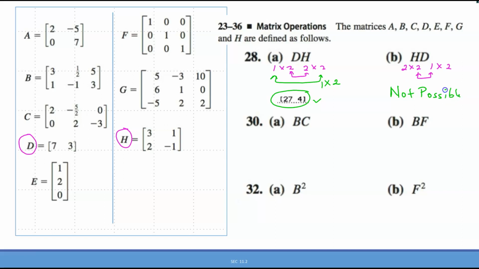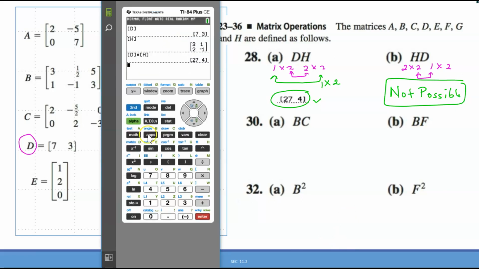So the order that we multiply matrices matters. Let's see what our calculator tells us. We're going to select H, and multiply that by D. It says dimension mismatch, and that's again because these middle numbers don't match up.